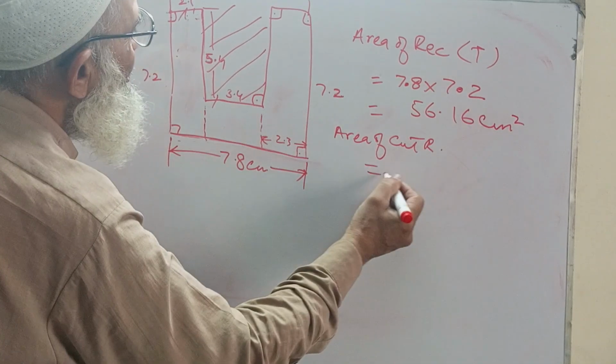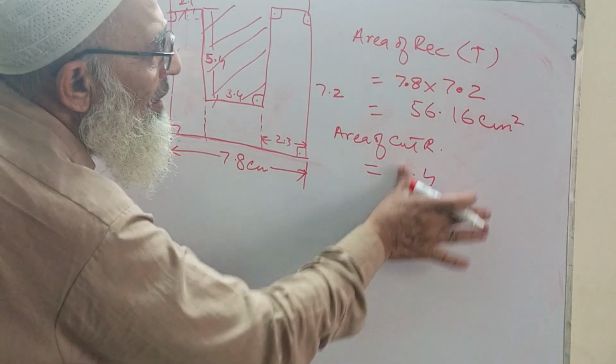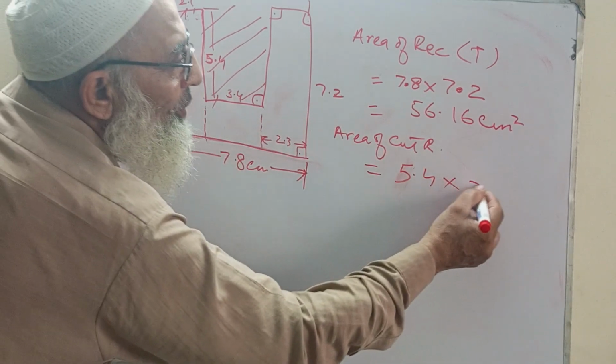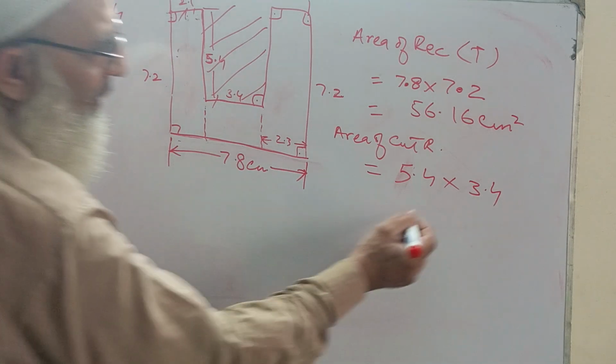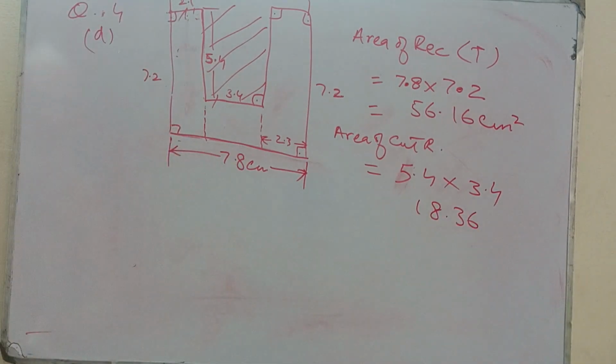The area of the cut rectangle is 5.4 multiplied by 3.4, which equals 18.36.